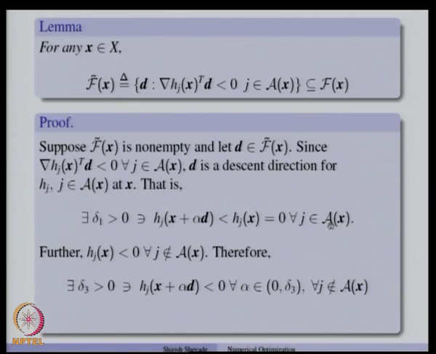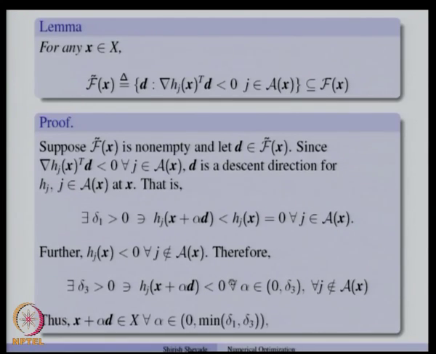So, for the set of active constraints we were able to find delta 1 such that h j of x plus alpha d is feasible, and for those constraints which are not active we were able to find delta 3 such that h j of x plus alpha d is less than 0.